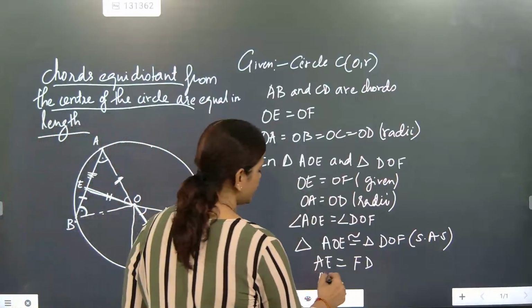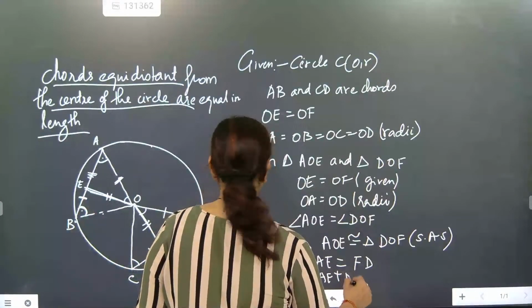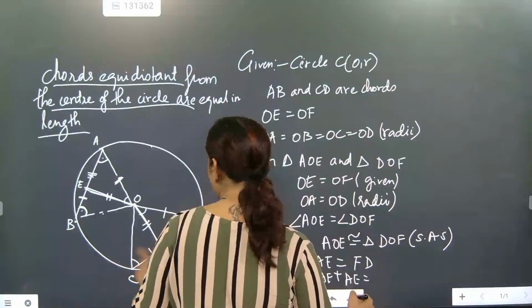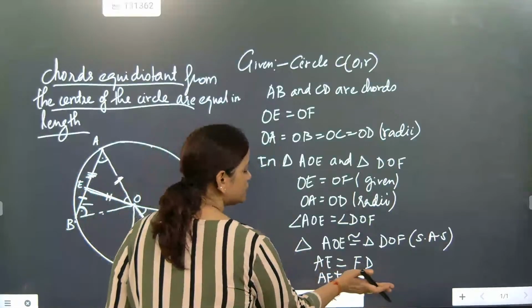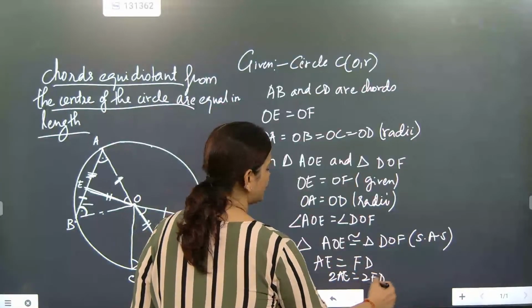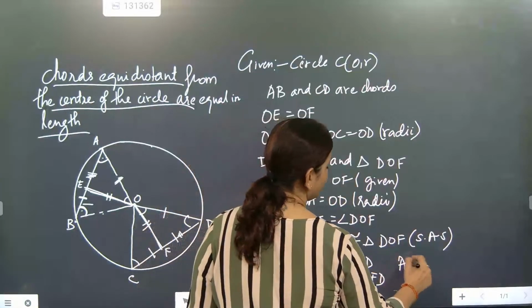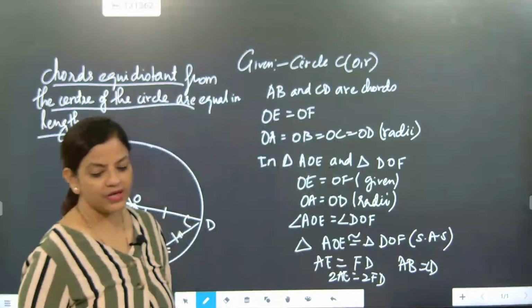So AE plus AE we will do. AE is equal to this part, because this is already half is there. So if half is equal, means 2 times of equal we can write 2 times of AE is equal to 2 times of FD is equal to AB is equal to CD. That's it. Note down. That is AB is equal to CD.